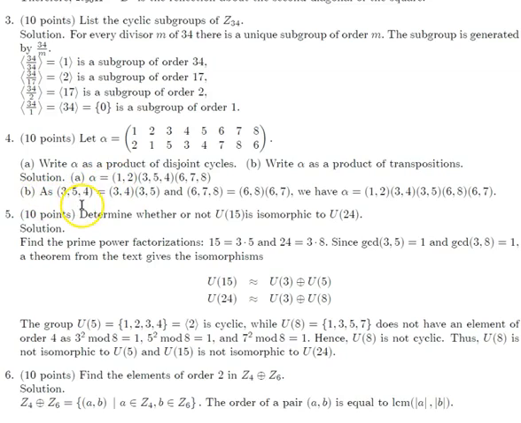B, write alpha as a product of transpositions. Any 3-cycle can be written as a product of 2 transpositions. We write 3 first and then 4, 5.